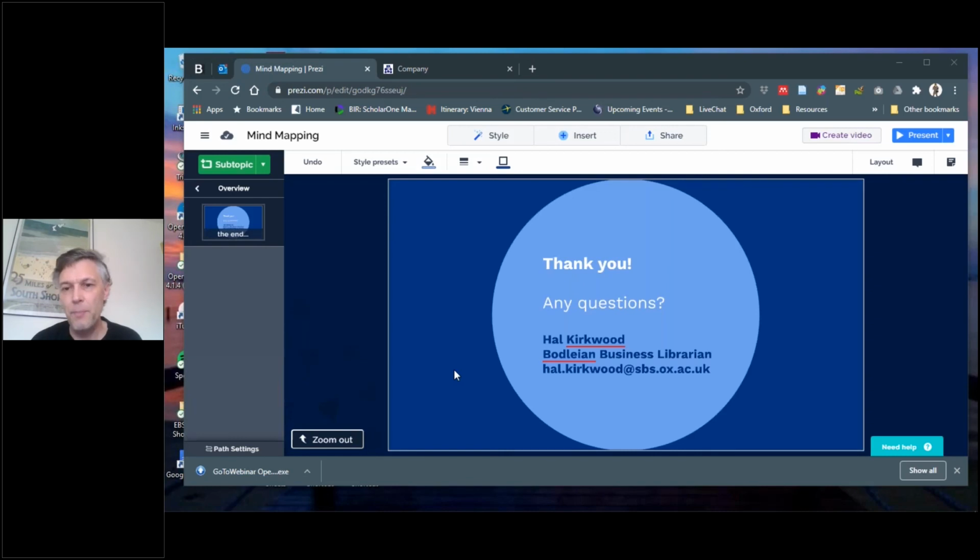Whereas a concept map is, I think, a better tool to use when you're not the only one who's going to be looking at it, when you're going to share it with someone else and you want them to get what you're trying to show. So I think that answers the question.